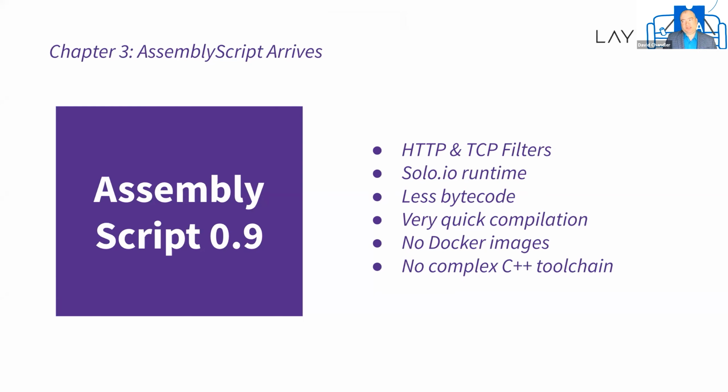We noticed this isn't much bytecode. C++ was generating a lot more bytecode in the .wasm file. So AssemblyScript is making something tiny. And C++ needed a Docker image to compile. It ran Emscripten and who knows what else to generate the WebAssembly bytecode.